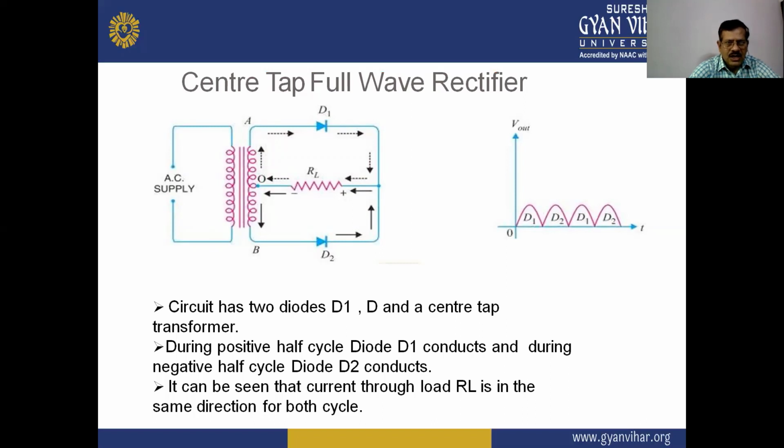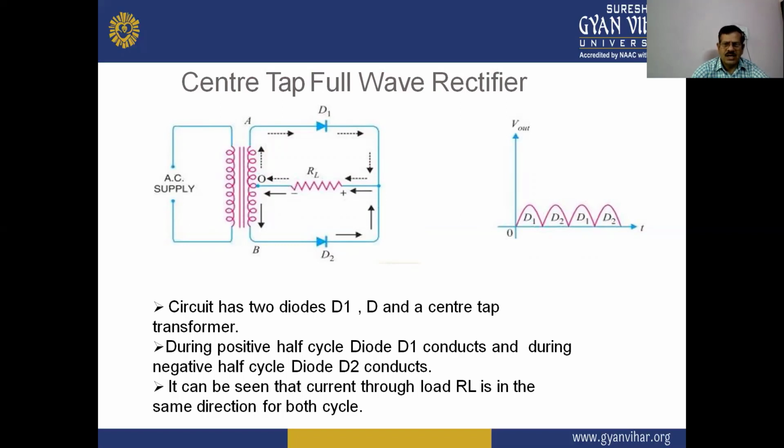Here the AC supply is applied to the transformer, and then that step down transformer applies the positive cycle and negative cycle supply voltage to these two diodes D1 and D2. So the circuit has two diodes D1 and D2 and a center tap transformer.